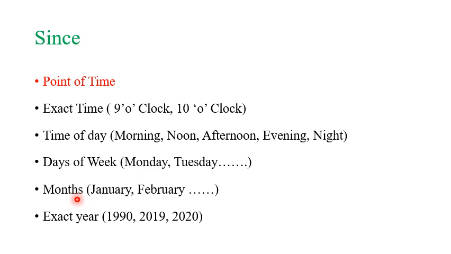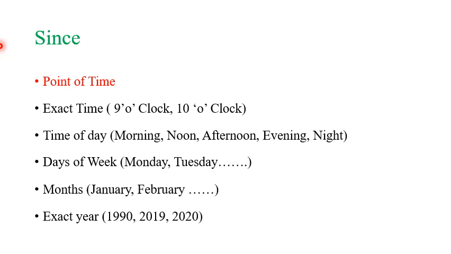Months are also exact points of time, like January or February or March or April or September. When somebody says that he has been doing this since March, then March would be the March of this year. Even if he does not mention the year, you will understand that it is the March of this year.